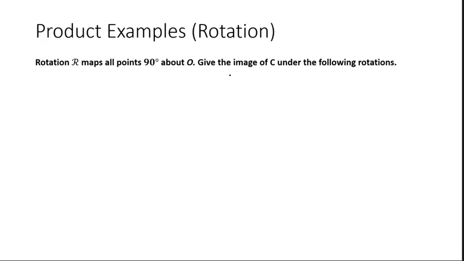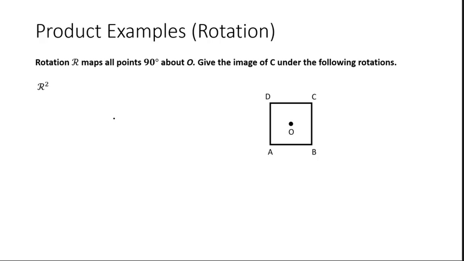What we're trying to do is give the image of C with this picture under the following rotations. Assuming that O is the center of the square, we're going to be rotating point C with the following rotations. Here we have r squared.